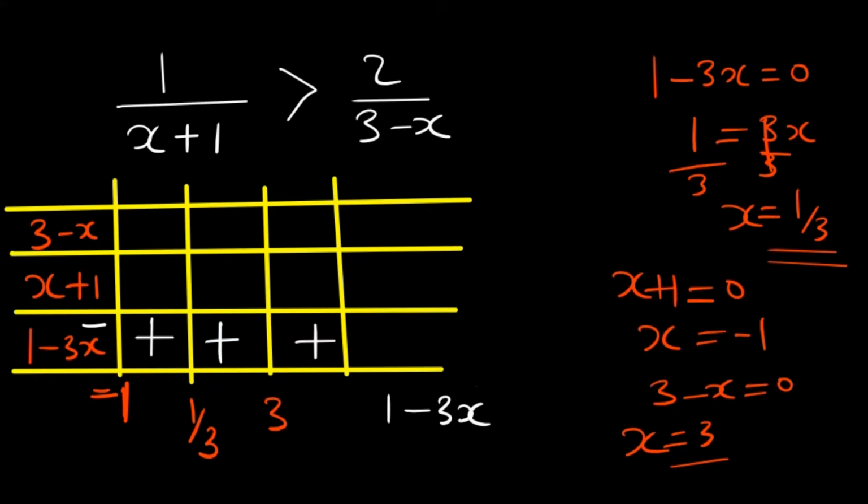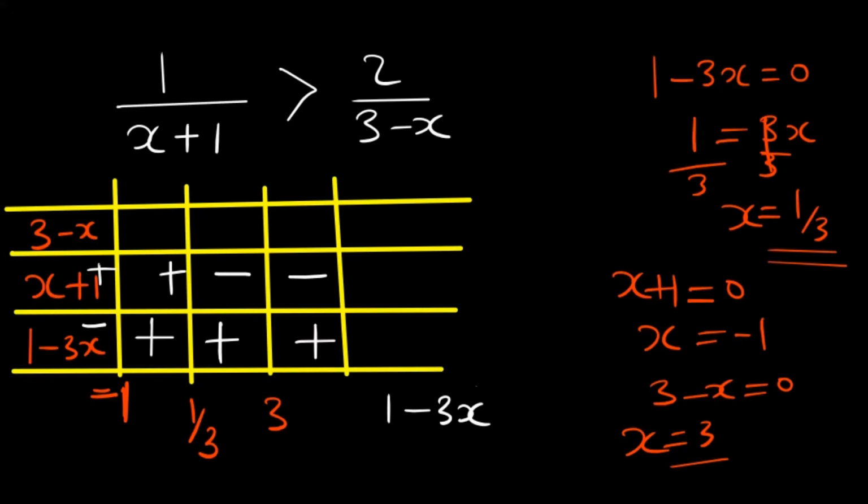If we put a 0 here, what are we going to have? We're going to have positive numbers. So here I'm going to have a positive number, here I'm going to have a positive number. Okay, but let's say we get a number that is greater than 1 over 3. Let's say we put a 2 here. You're able to see that I'm going to have a negative number, right? So I'm going to have negative here and negative there.